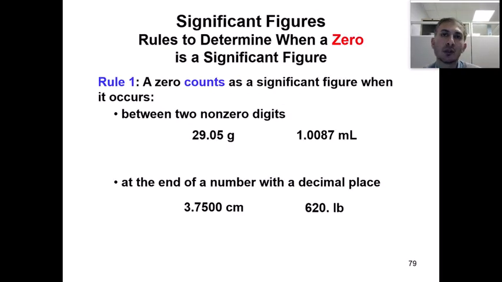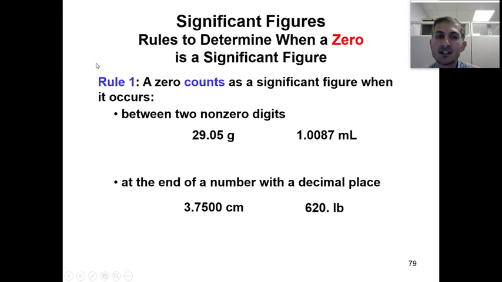Another rule that we need to consider is when we have zeros. Take a look at this slide first. It says when we count the zeros as significants, with these conditions. Please pay attention to these two, and if you memorize this and the previous slide, you can easily answer all questions.